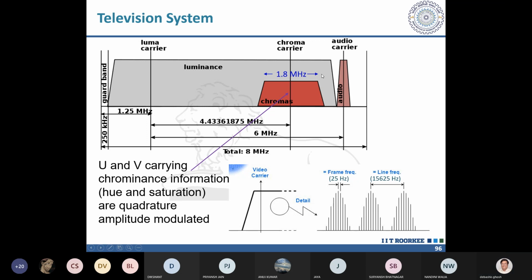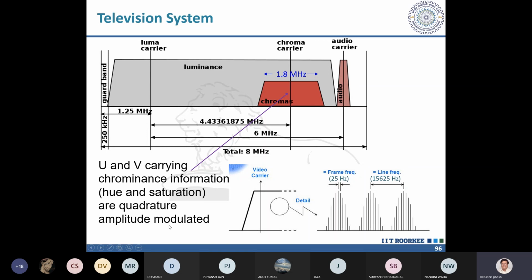U and V are transmitted in the form of quadrature amplitude modulation. Actually, what we do is make these two signals like a complex signal, like X plus iY or jY. Similarly here, U and V are made like that. One is taken to be in quadrature with the other. So that's why it is called quadrature amplitude modulation.